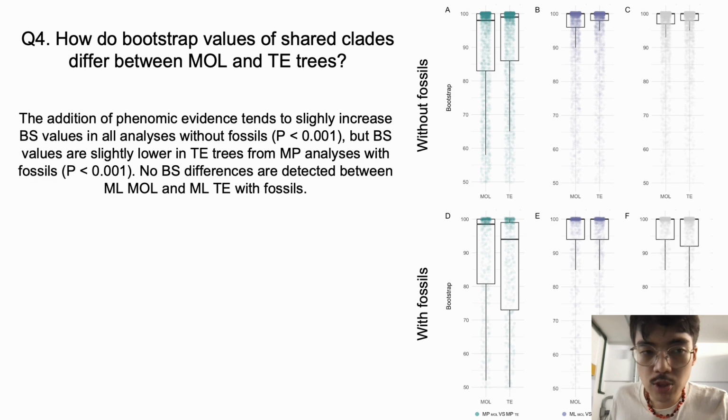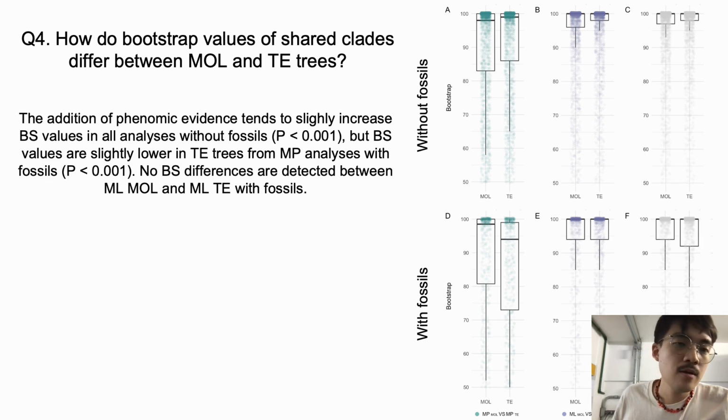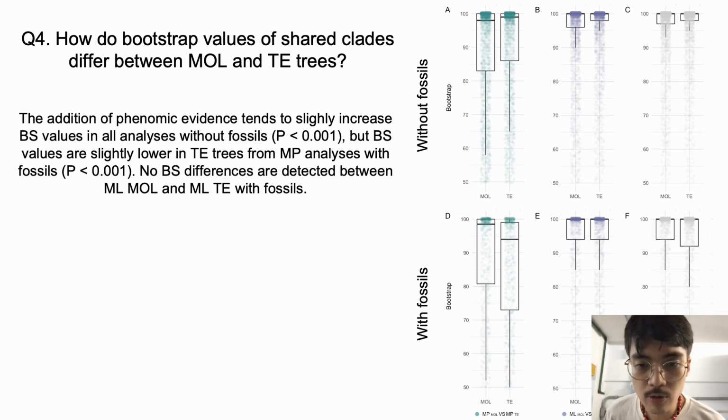The fourth question is, how do bootstrap values of shared clades differ between molecular and total evidence trees? The addition of phenomic evidence tends to slightly increase bootstrap values in all analyses without fossils, but the bootstrap values are slightly lower in total evidence trees from parsimony with fossils. We didn't find a difference in the bootstrap values of likelihood between molecular and total evidence trees when we consider the fossils.